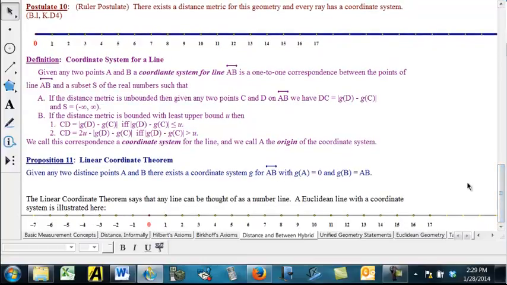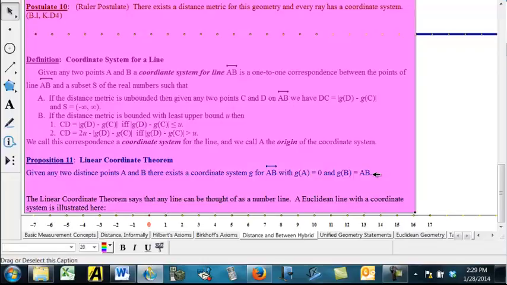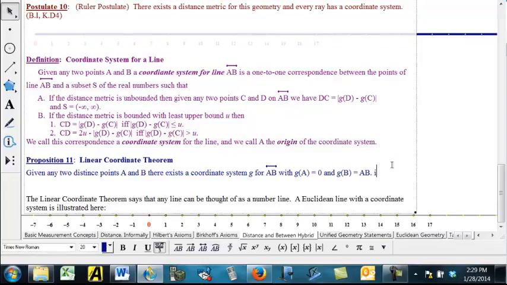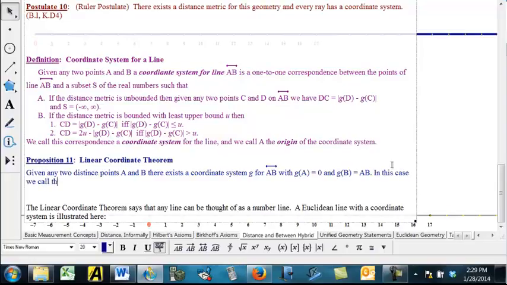And of course, in this case, we call A the origin of this coordinate system.